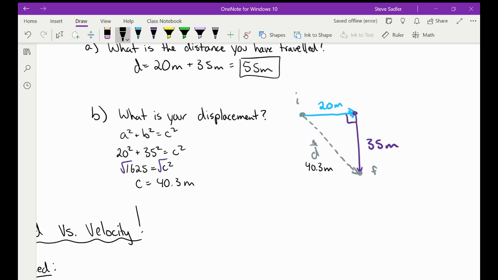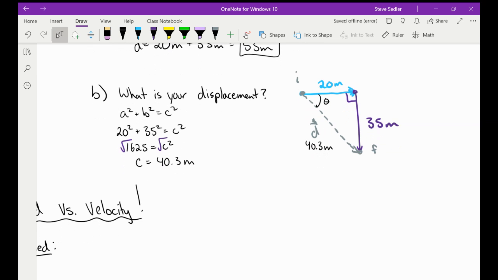So I know how far I am from my initial point, but I also need to know the direction. So in this case, we can find this angle right here, and that will help us. I'm going to use these two sides because they were given to us in our question. So that's the opposite and the adjacent. So I'm going to use my tan function, looking at SOHCAHTOA. The opposite and the adjacent is the tan function.